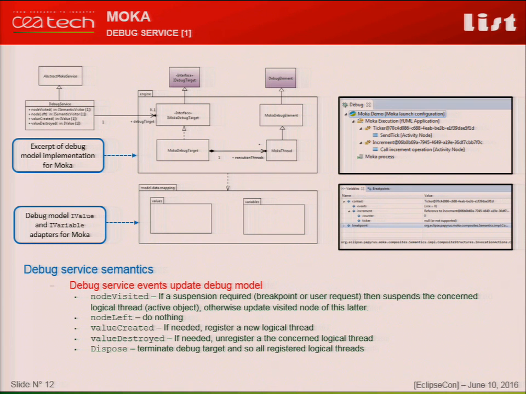If you click on resume, it restarts the execution as usual for any Java program or program written in another language. When values are created and destroyed in the runtime, we register logical threads that are created, or we destroy them if they are terminated.